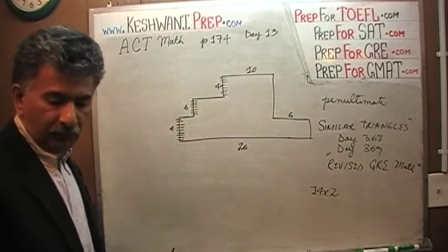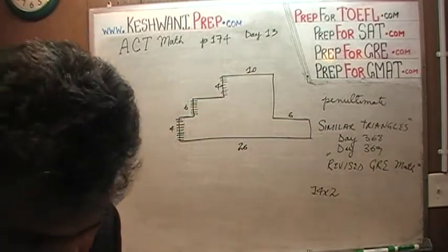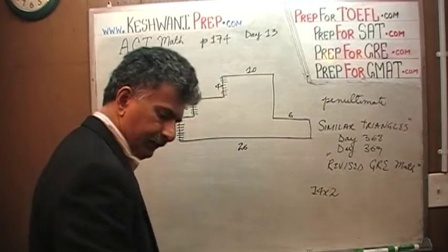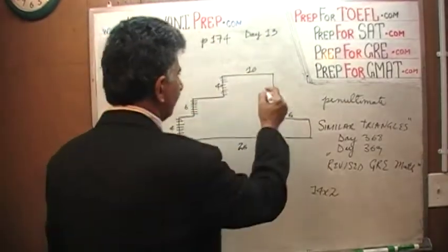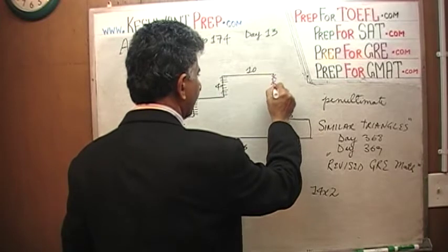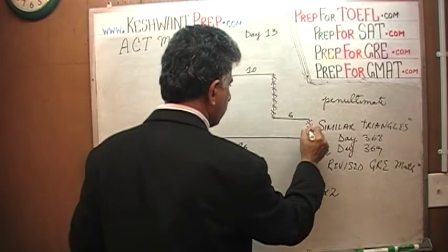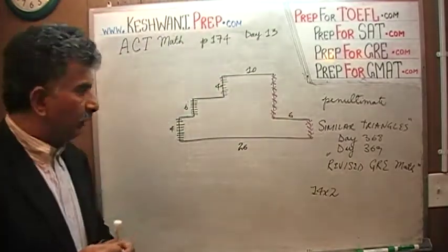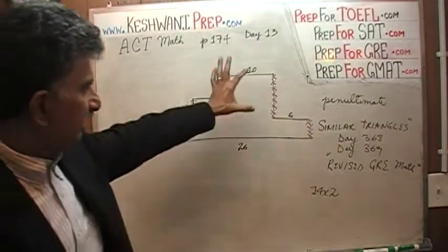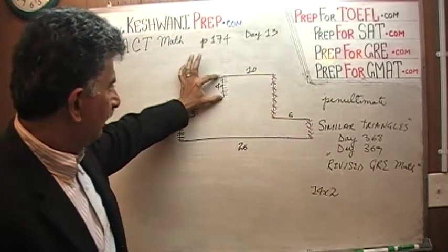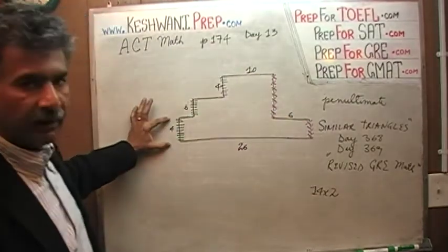What do you suppose the sum of these two sides is going to be? Let me show them in a different color so you can see it. Are you able to see immediately that this length plus that length is the same as this side plus that side?